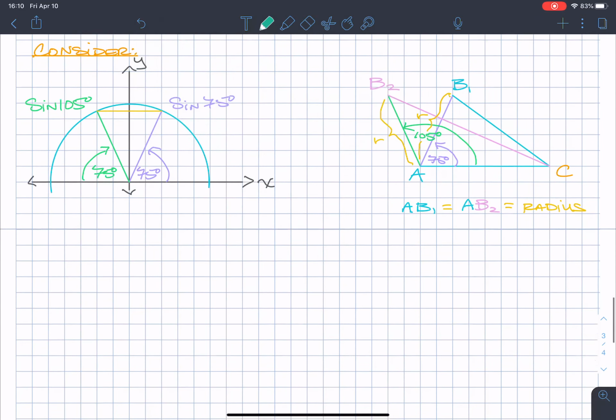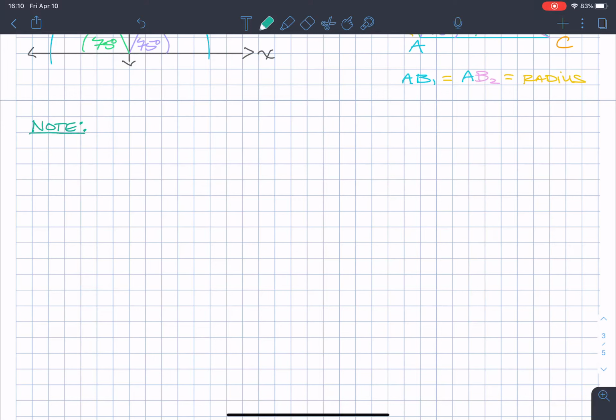So note, in the ambiguous case of sine, is that how you spell it? Ambiguous case of sine.